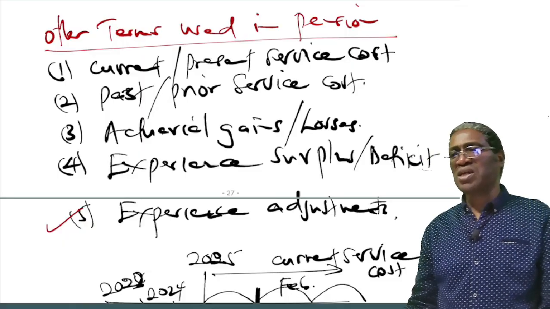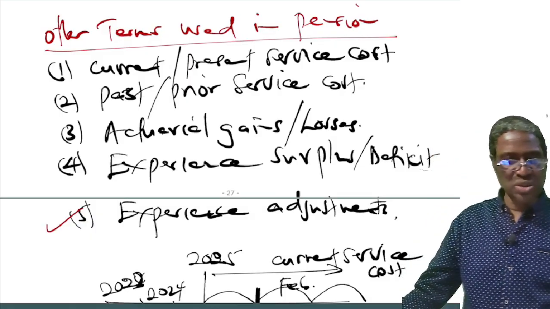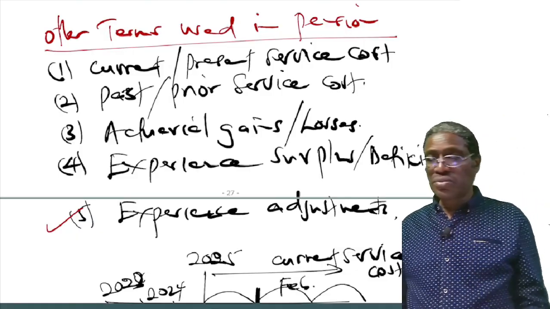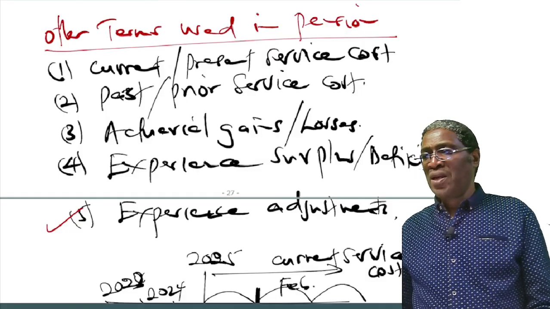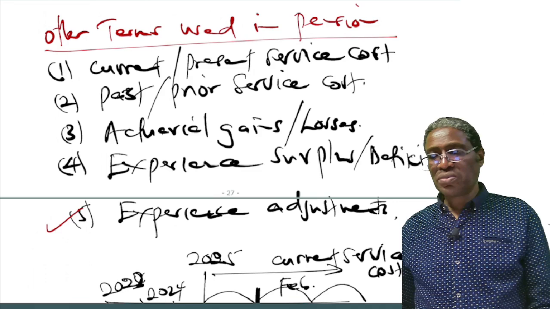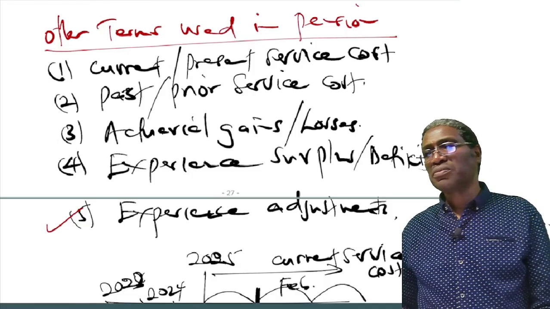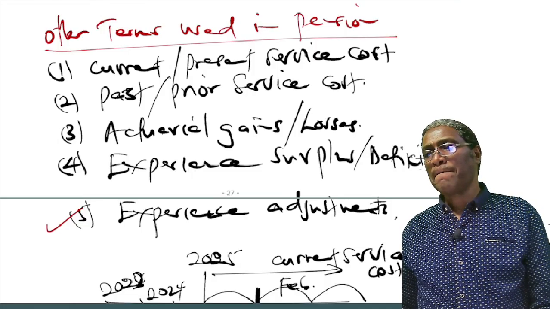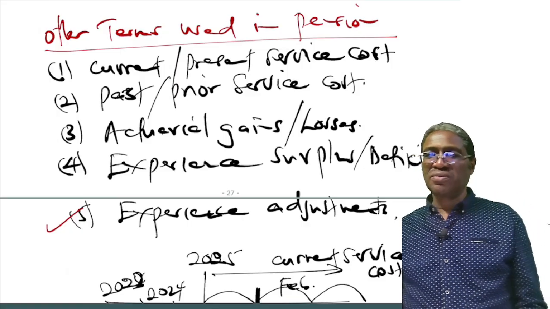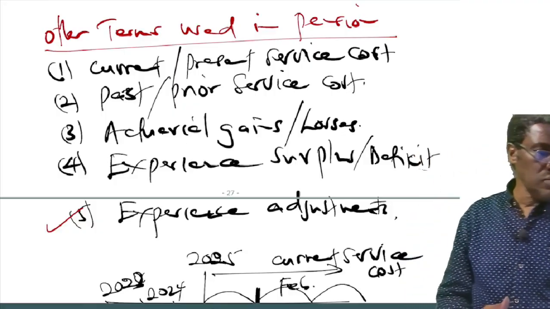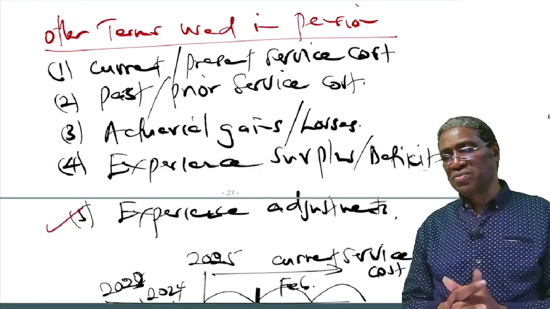So put down another subheading: other terms used in pension. Number one, current service cost.